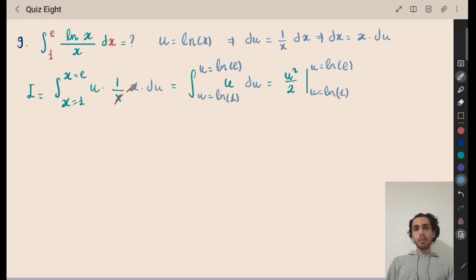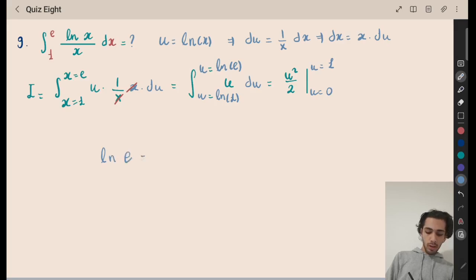But guess what? ln of e is just 1, and ln of 1 is just 0. The reason for this: by definition, if ln of e is equal to a number, let's say a number n, then ln of e first off is the log base e of e.